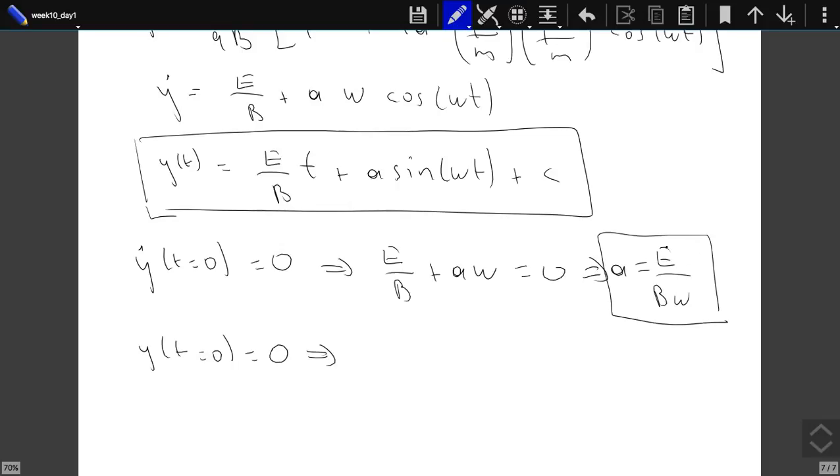And then I know that y at t equal to 0 should be 0. A is just C. So this tells me that C is equal to 0.